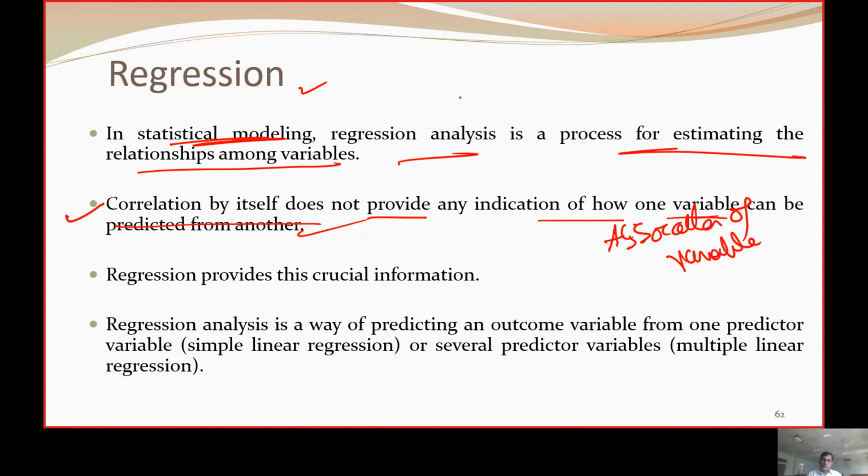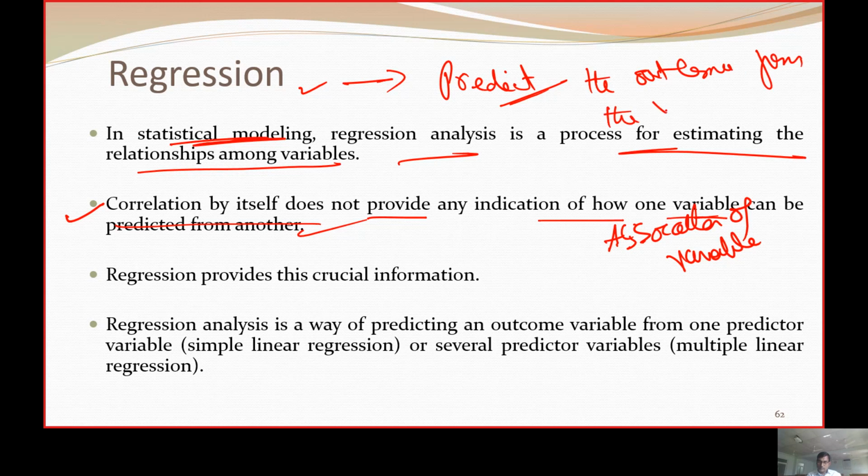But when it is a regression, it is going to predict the outcome from the variables. That is the crucial difference between regression and correlation. Regression analysis is a way to predict an output variable from the predictor variables.